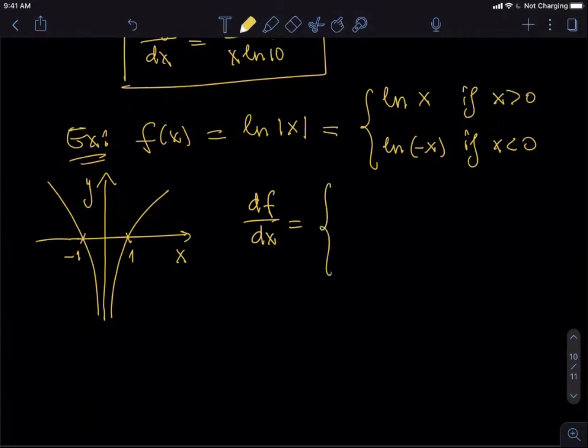On both sides the function is differentiable. There is a discontinuity at 0, but on either side of 0 there is no problem, so we can just go ahead and do it. So it's 1 over x on the right of 0, and then 1 over minus x, here I'm applying the chain rule, times the derivative of minus x, which is -1.